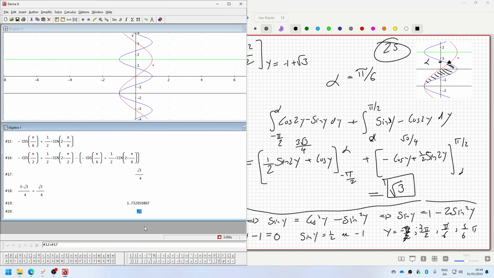But that's not right. I must have something wrong with my integration. What is wrong with my integration here?